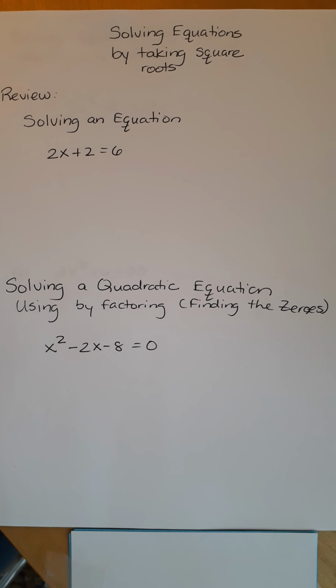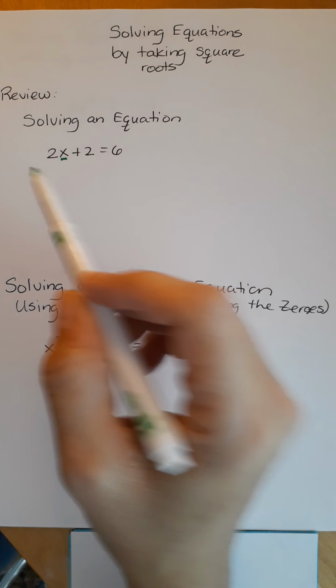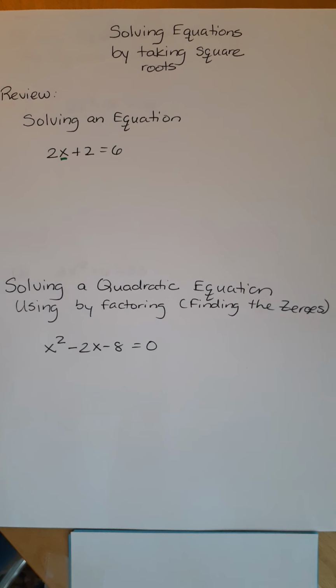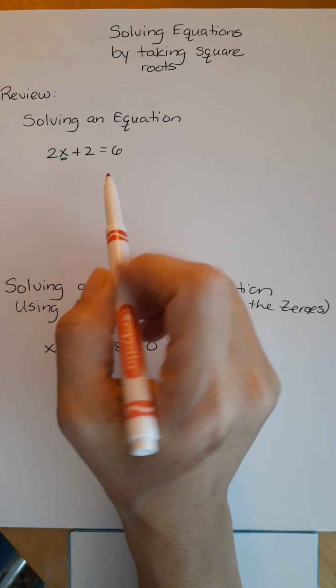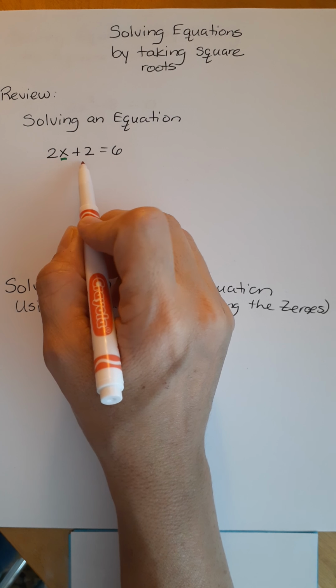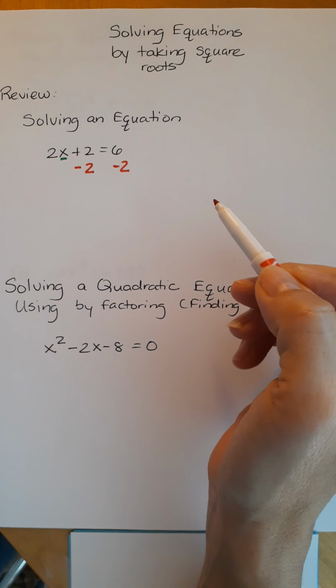Now, I wrote down here 2x plus 2 equals 6. And as you know, the idea is to isolate the variable, get it alone, move everything over, and get an answer. Here's the first thing we do. We're going to move whatever is added or subtracted to that variable, which happens to be this plus 2. We subtract 2 from both sides. What we do to one side, we do to the other.